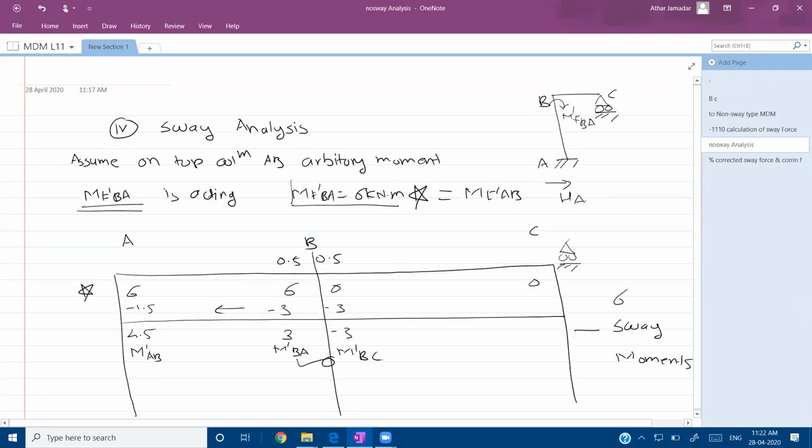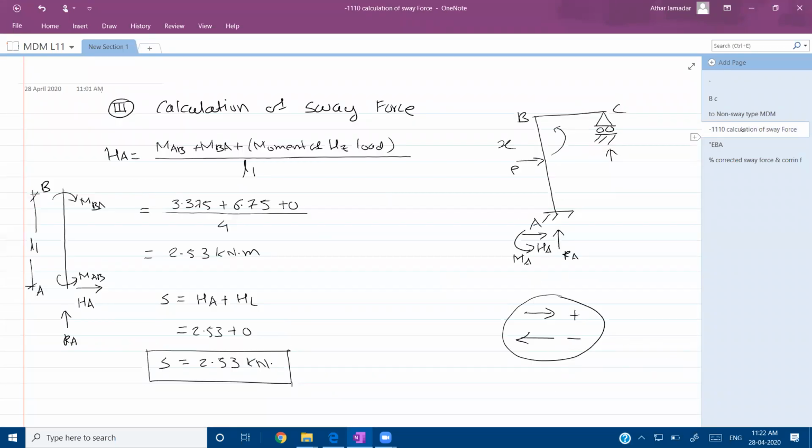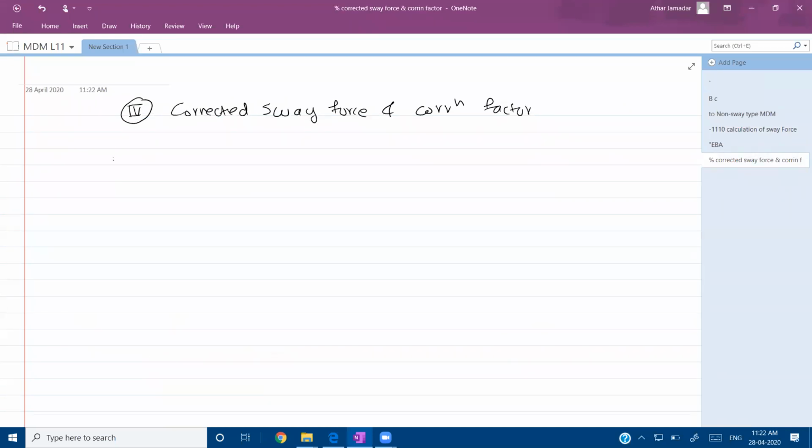How to calculate this HA? For this HA, again we can use the same formula. HA is MAB plus MBA divided by L1. So here it will be replaced: this H dash A will be M dash AB plus M dash BA divided by L1.